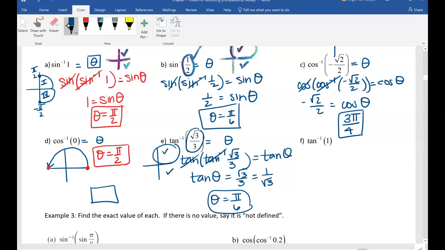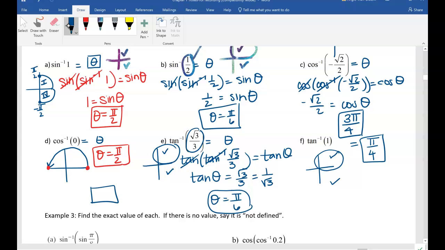All right, last one on this example. I love tangent inverse of 1 because 1 is restricted to quad 1 and 4. It's a positive ratio of 1 over 1, so the answer has to come from quad 1, right? And tangent of pi over 4 is the only angle that will give you 1.